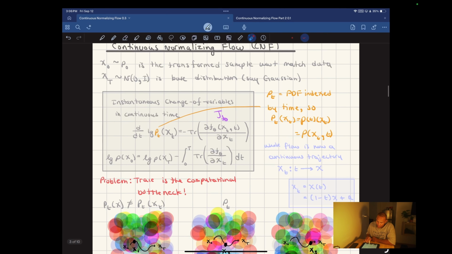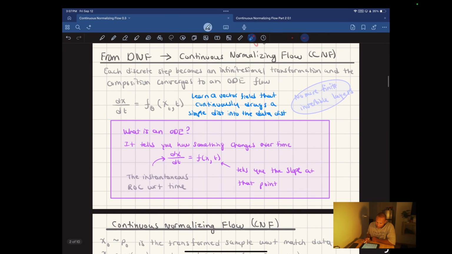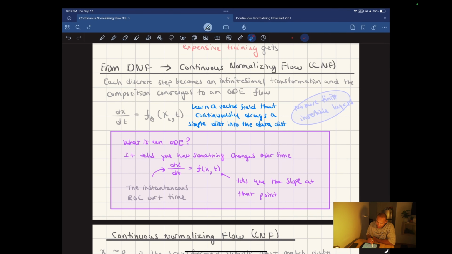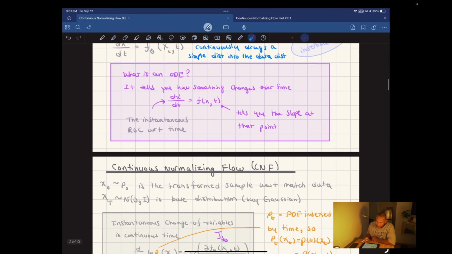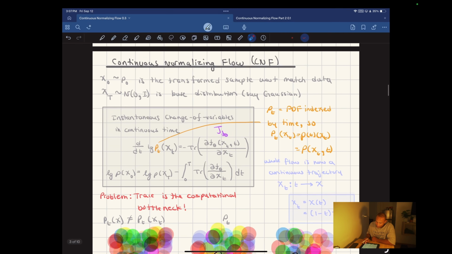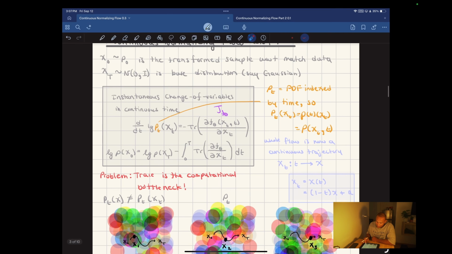We have this instantaneous change of variables in continuous time, where the term inside the trace is the Jacobian of f, and we have a neural network that parameterizes the vector field. This differential equation describes the vector field that continuously drags a simple distribution into a data distribution. And this is our likelihood.